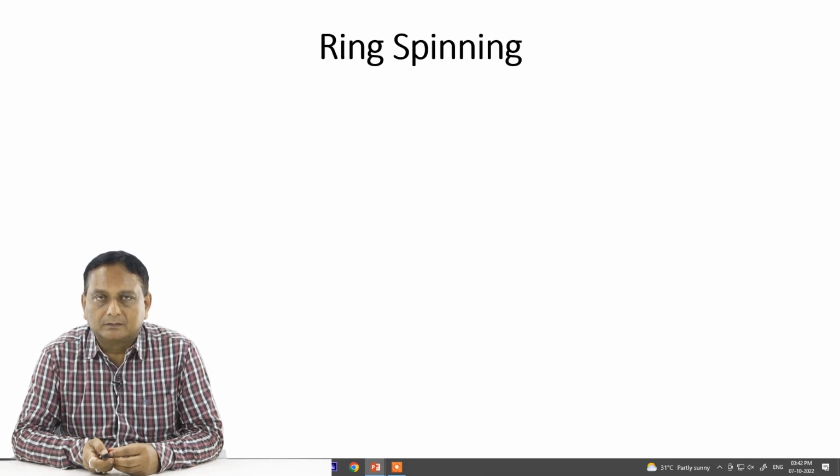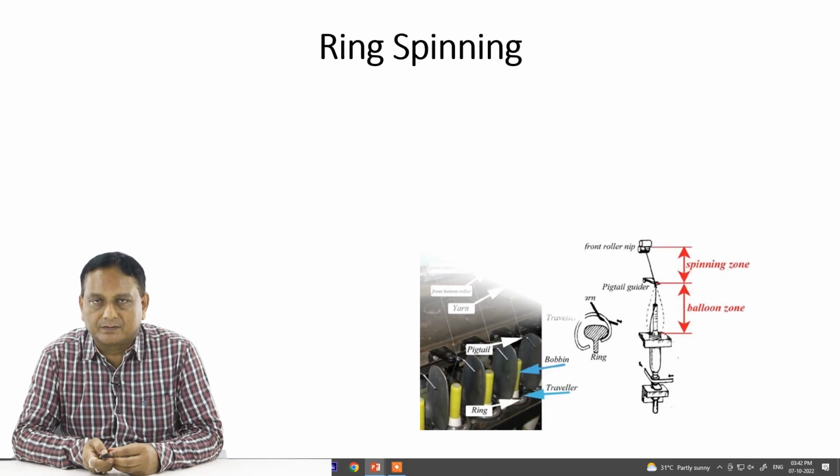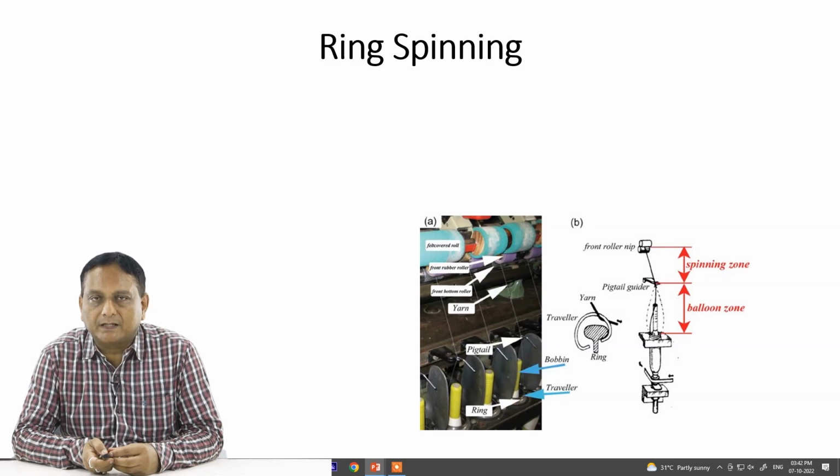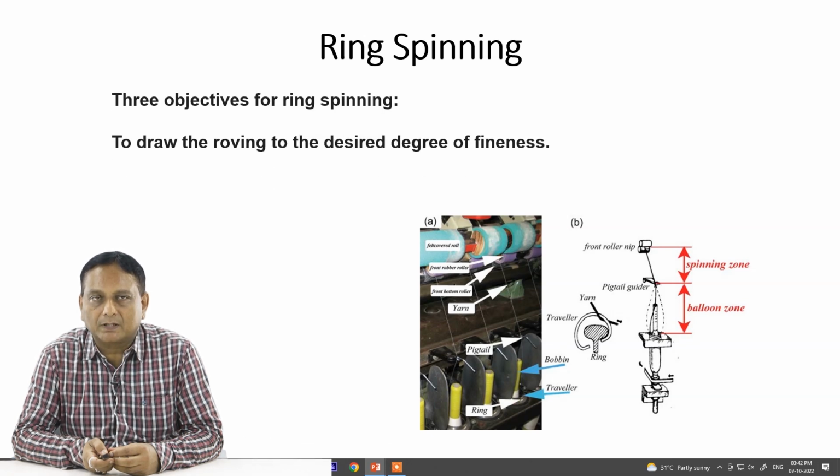And finally comes the ring spinning process. As you can see, this is how the yarn goes into the spindle from the roving frame. There are three objectives for ring spinning. What are those? Number one, to draw the roving to the desired degree of fineness.